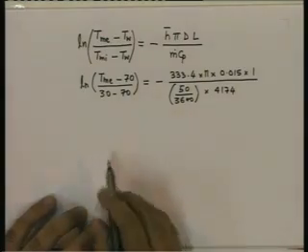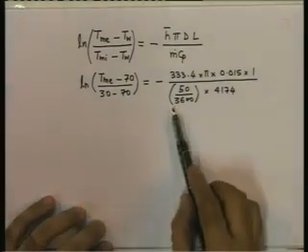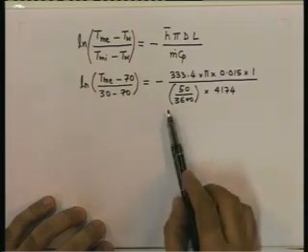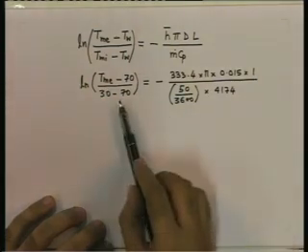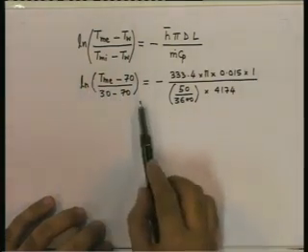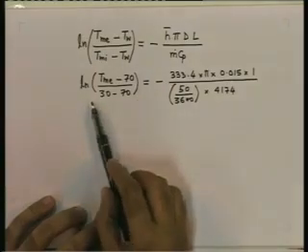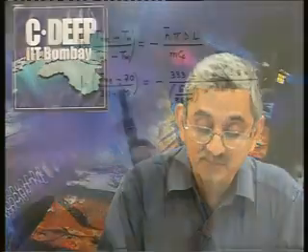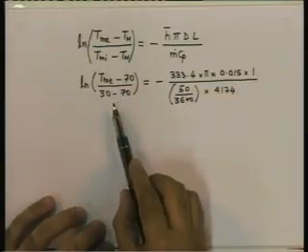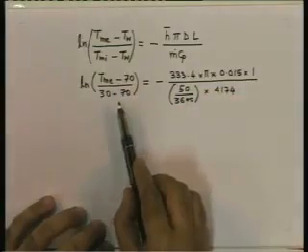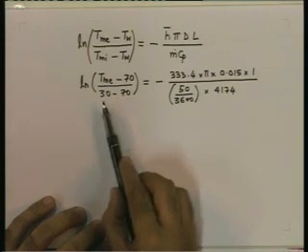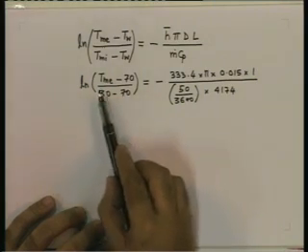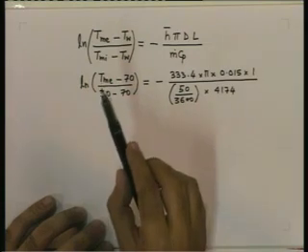Solving this for Tme, notice that the right hand side is negative, and that means this argument of the logarithm will be a number less than 1, and that means the numerator will be smaller in magnitude than the denominator. The denominator has a magnitude 40, so the numerator will have a magnitude less than 40.